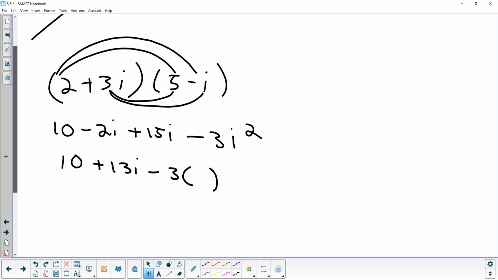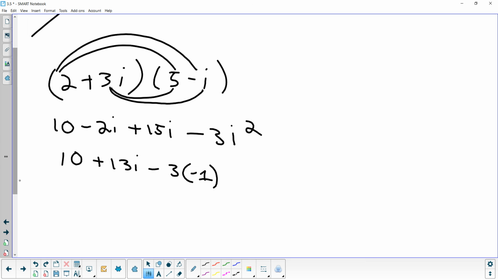Zero? No, not 0. Let's go back to i. What was the definition for i? For i or i squared? i squared. i squared is negative 1.